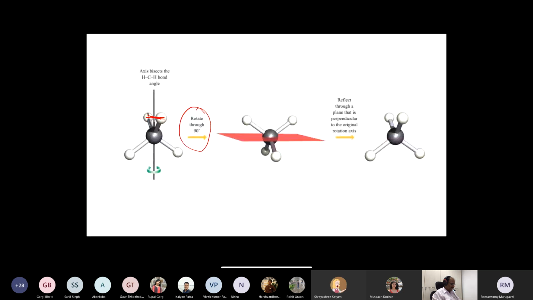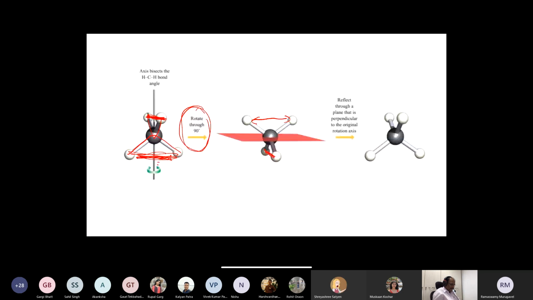There are actually 2 planes. If the 2 planes are perpendicular to each other, when I rotate through 90 degrees, these two, which are perpendicular to the plane of the board, now get widened, which were wide apart to start with, and have come in the plane perpendicular to the plane of the board.